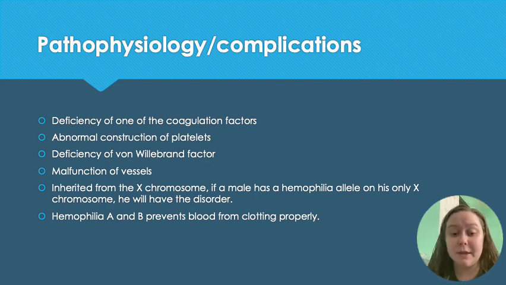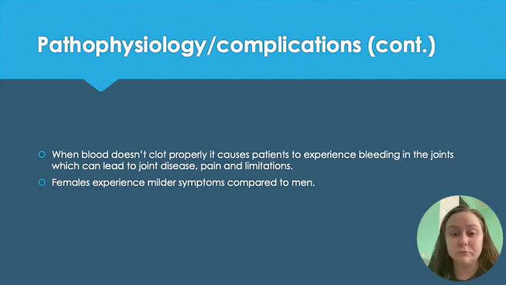Hemophilia A and B prevents blood from clotting properly. When blood doesn't clot properly, it causes patients to experience bleeding in the joints, which can lead to joint disease, pain, and limitations. Females experience milder symptoms compared to men.